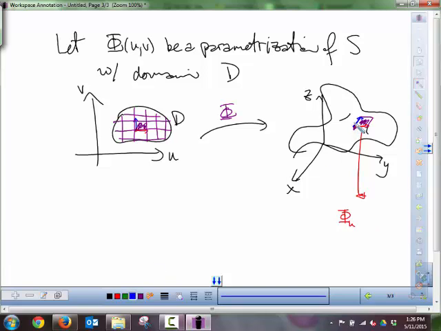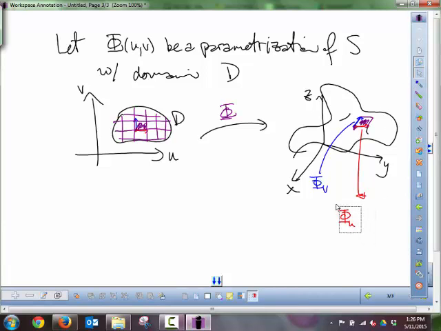And then the blue vector would be the derivative of that transformation in the direction of v. So we'll do the same business where we take the cross product of that.